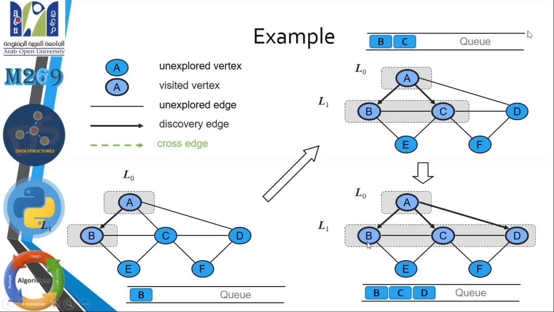C already visited. E not visited. So that will be the next. No need to repeat. No need to say A and C again. They are already there. So now B will go to E. That is our next vertex, and it will be added to the queue.